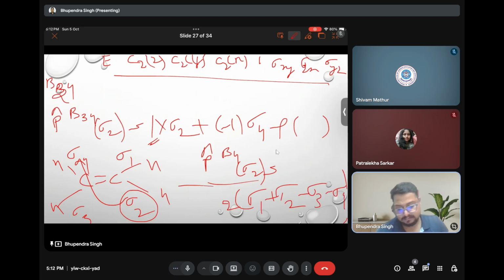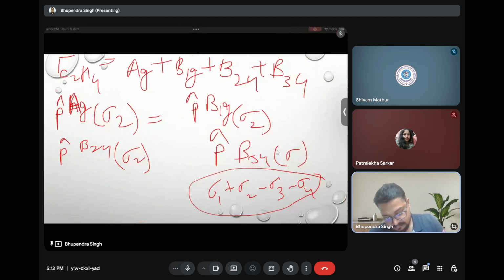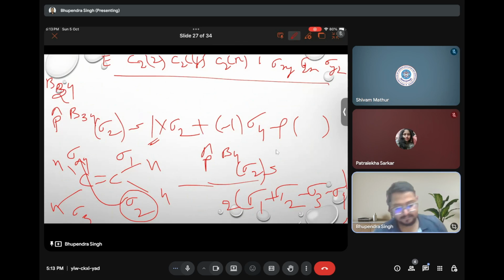I think this is what the question is asking: 1, 2, minus 3, minus 4. So by applying the projection operator of this symmetry element on sigma 2, you are getting the answer to the question. So this is your answer.